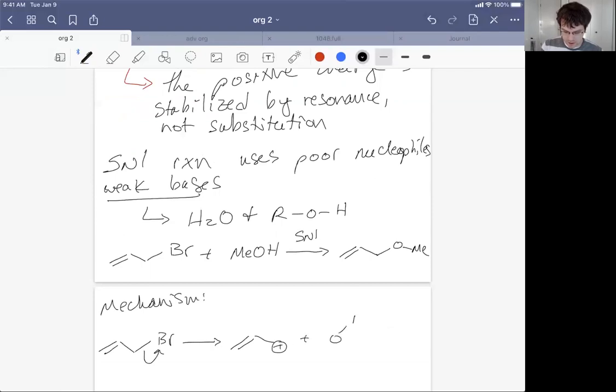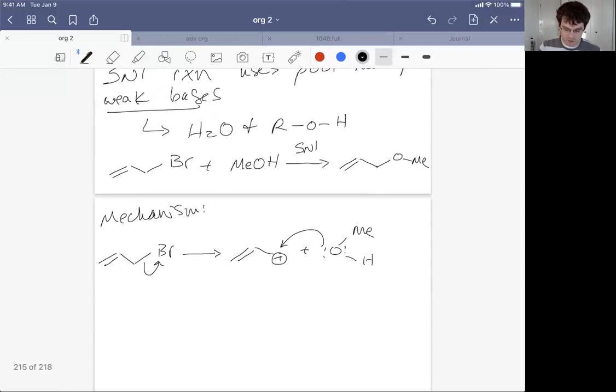The carbocation is stabilized by resonance. I won't draw those here. The lone pairs on the oxygen atom will engage the positive charge of the allyl cation to form a structure with an oxygen bearing a positive charge. Why positive? Well, it took with it the hydrogen atom that we have to lose in the last step. We do want to show that protonation step as a separate step.